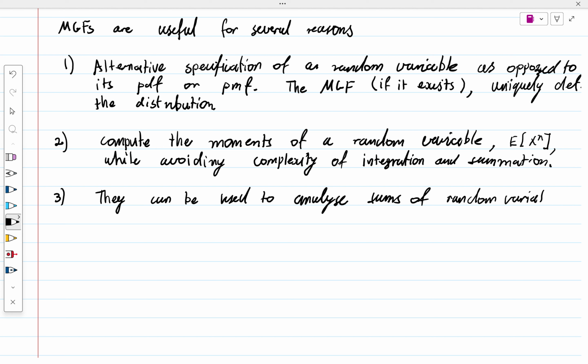And in fact, they're going to help us derive distributions of sums of random variables, which will be quite interesting. But for now, while I have your attention, let's have a look at the first property.